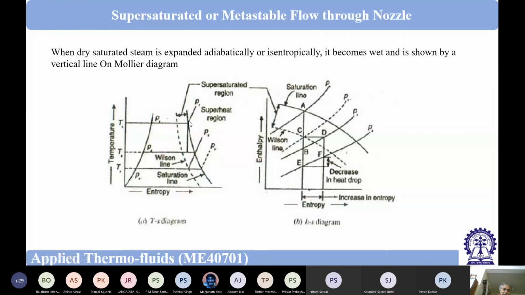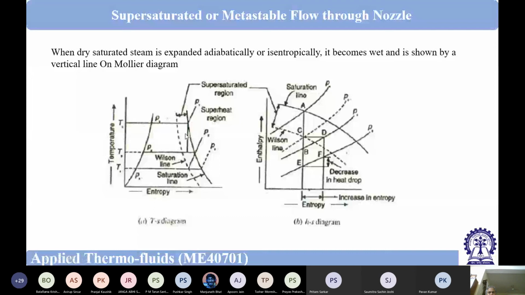Now, if the expansion is very slow, then as the steam crosses the saturation line, it becomes wet. So superheated steam crosses the saturation line, and it becomes wet.